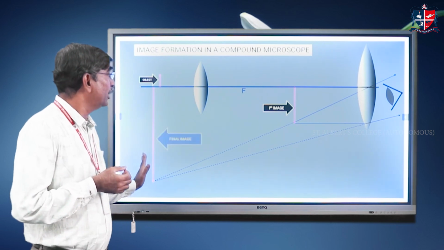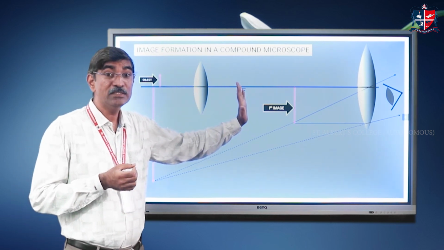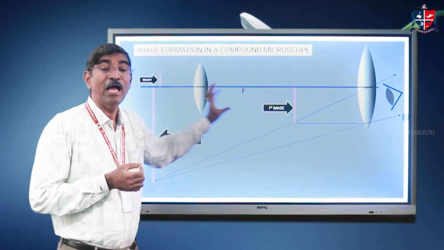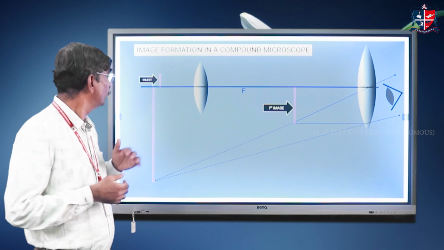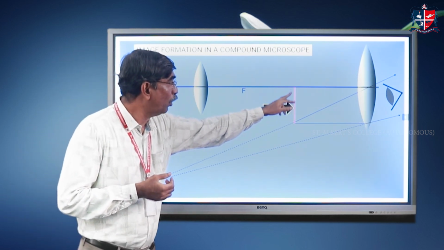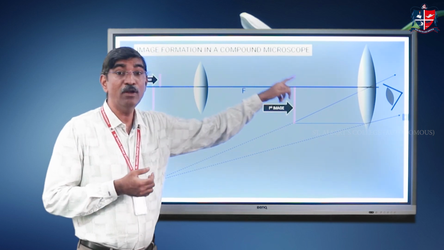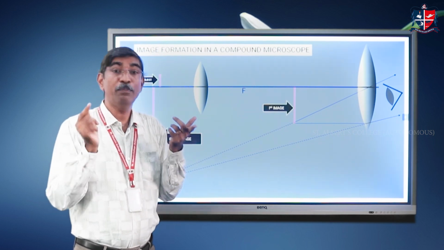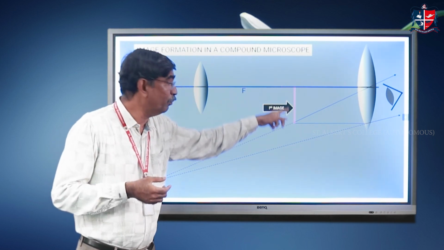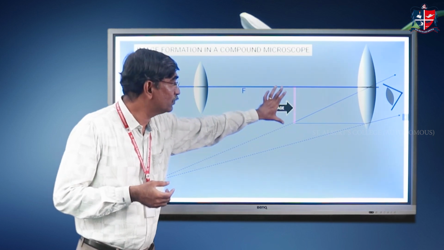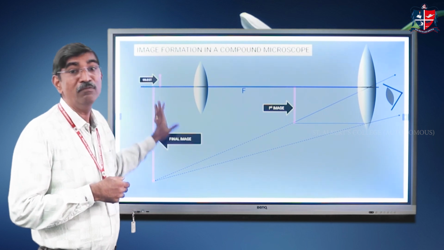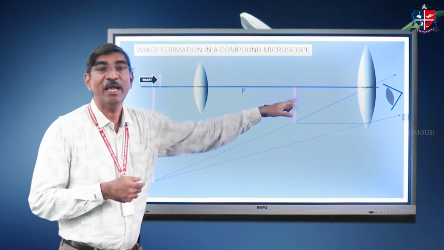And here, even though the object is placed upright, we are getting an image which is upside down, but the object when placed between F and optic center will produce an upright image. But here this image, which is the object for the second lens, is inverted, so you are getting a similar inverted image after magnification.